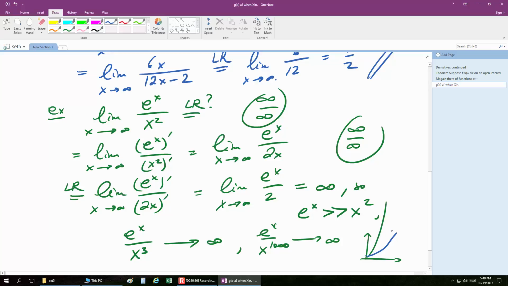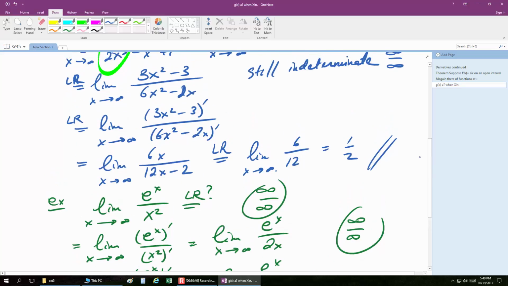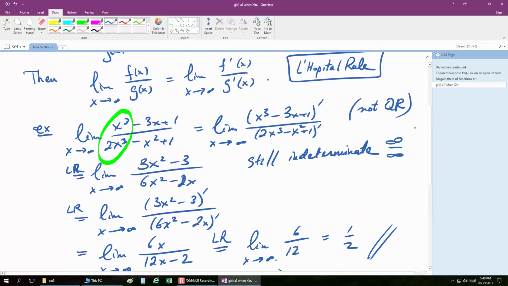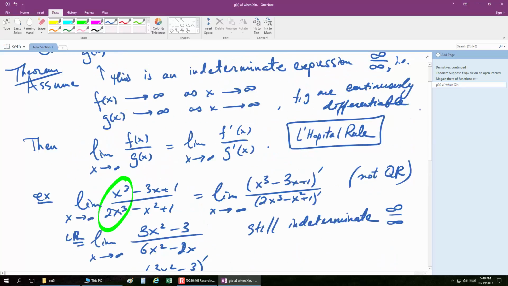And there are similar versions of L'Hopital's rule for other indeterminate expressions. This is an indeterminate expression: it will give me infinity over infinity, and under these circumstances I am allowed to differentiate these two to find out what happens.